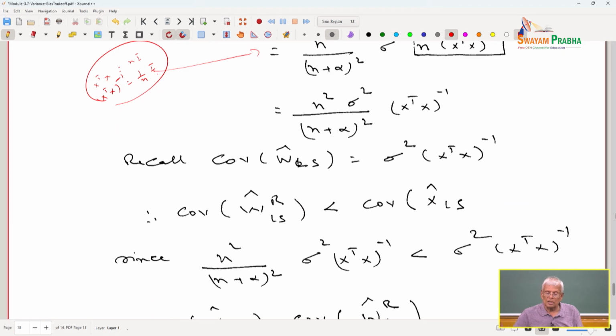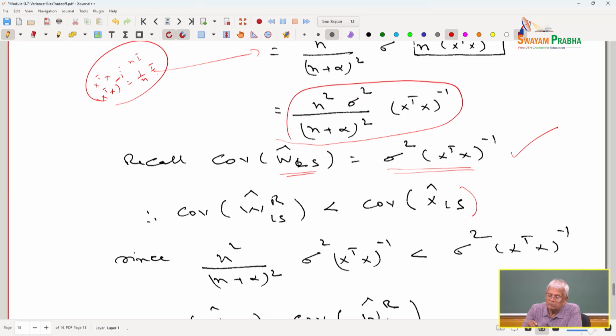Therefore, the covariance of the ridge based least square estimate is sigma square. Please understand that this is without ridge, this is with ridge. So, without ridge is sigma square times x transpose x inverse, which we have already shown in the module on statistical least squares. This is the covariance of the ridge. Sigma square x transpose are common, but the ridge expression is multiplied by n square by n plus alpha whole square.